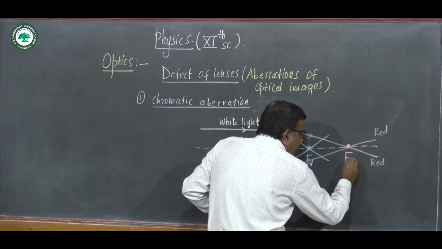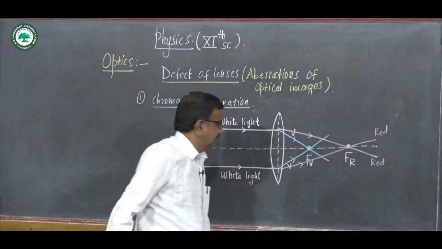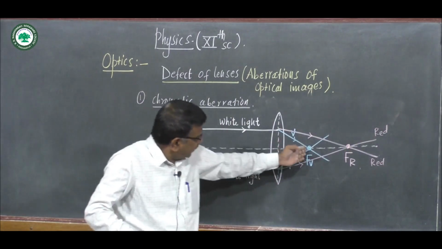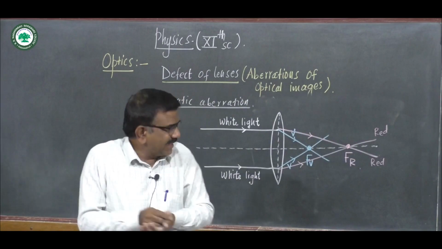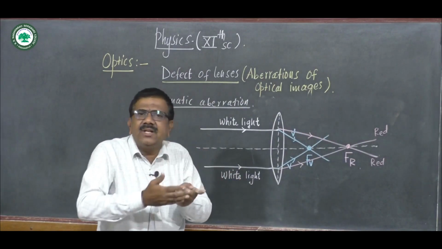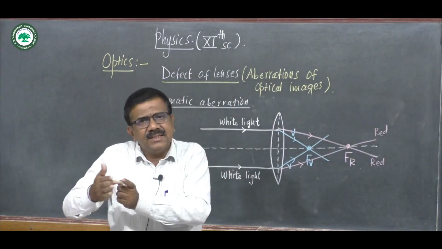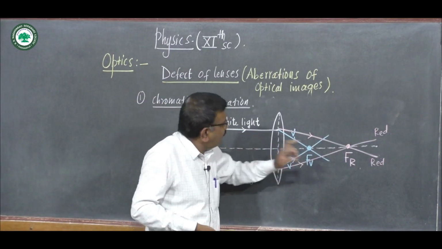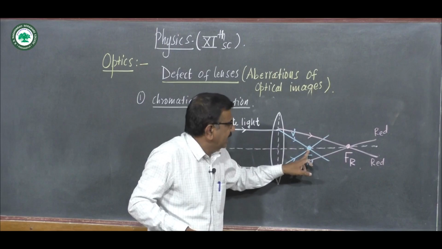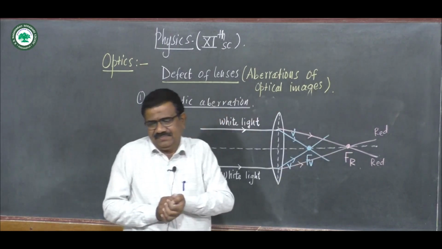This is the focus for the red rays. And in between violet and red, there are 5 colors. We know violet, indigo, blue, green, yellow, orange and red. The foci of the other colors are in between violet and red.